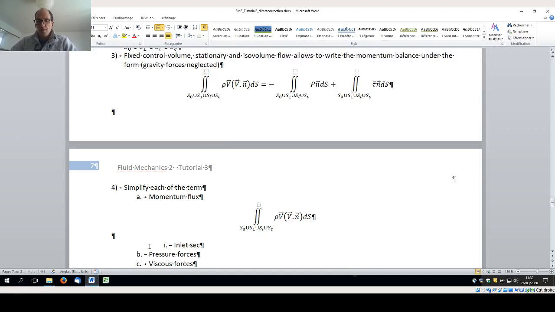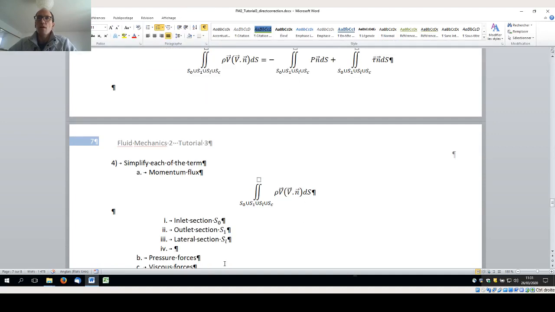Inlet section S0, outlet section S1, lateral section SL, and the surface of the car, which is named SC.